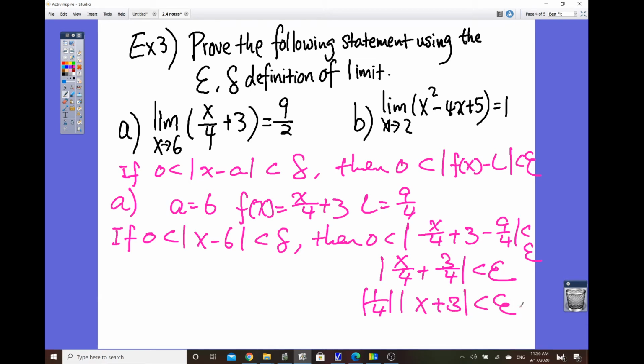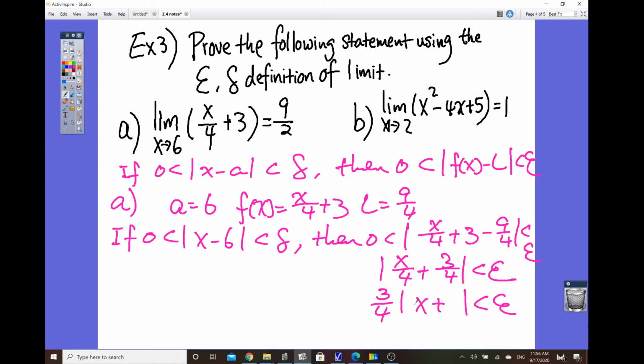And now, instead of taking out that 1/4, you probably want to take out that 3/4, because we need to end up with the same kind of quantity as absolute value of x minus 6. So instead of taking out 1/4, we want to take out 3/4. Once you take out 3/4, let's see what we got.